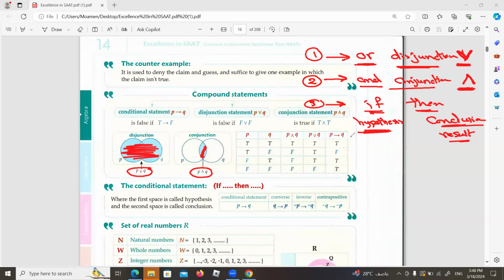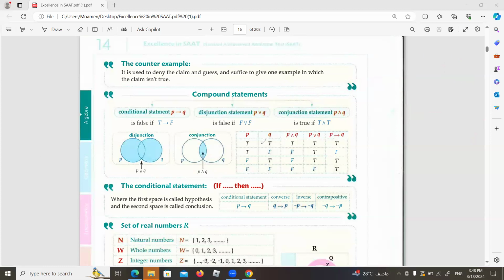Now we have a table. This table is very important, and it collects all the relations. Pay attention to this table, please. We have two statements.